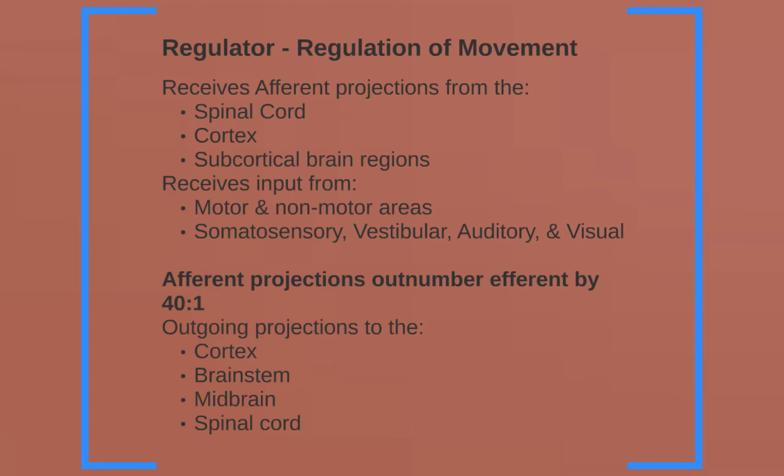So its vast afferent information is bringing back all that information that is then going to be turned out into efferent information. This efferent information is carried both up to the cortex as well as down to the brain stem with the midbrain as well and into the spinal cord.